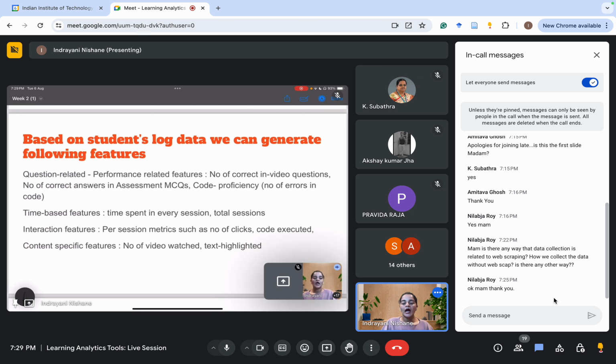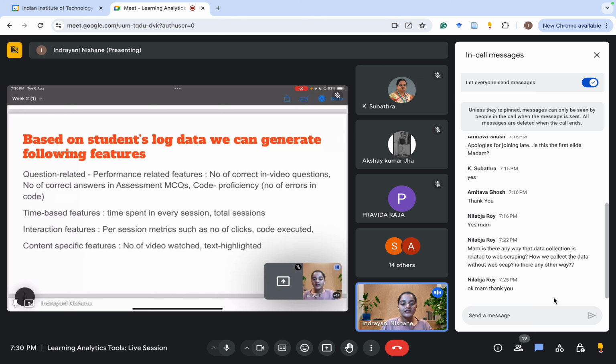Another type of example would be very content specific. For example, the system I use for data collection, PyGuru, has features where students can go through textual data, highlight and annotate, make notes, and highlight important text. There is also video data where they can watch videos with in-video questions.